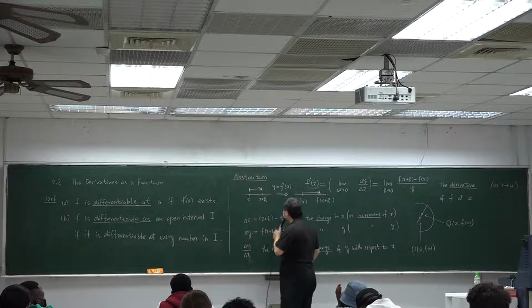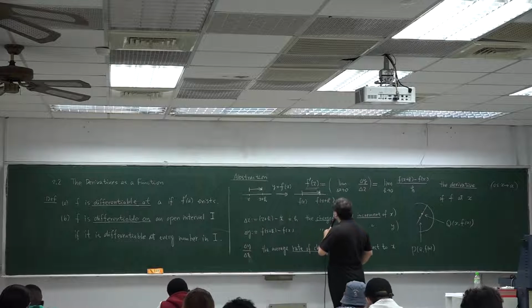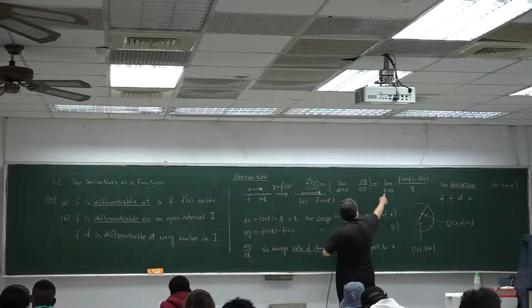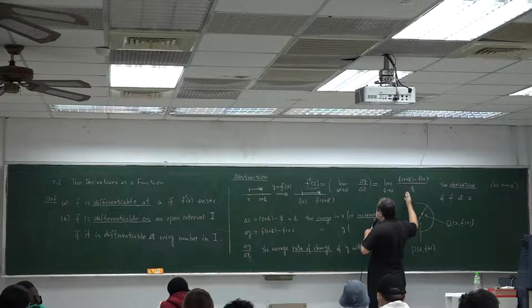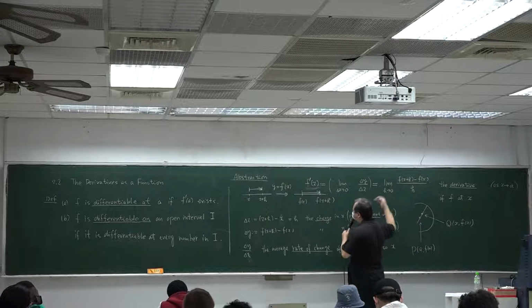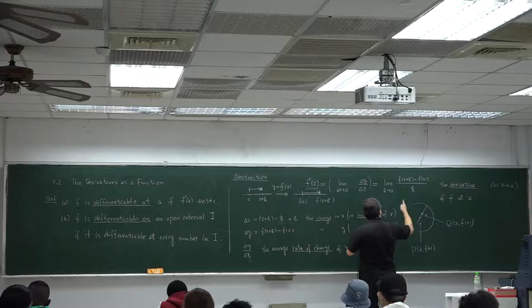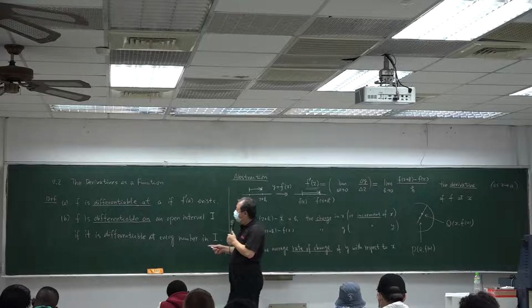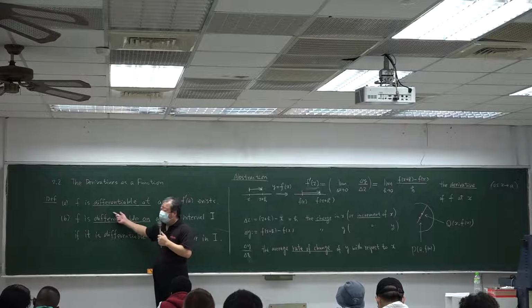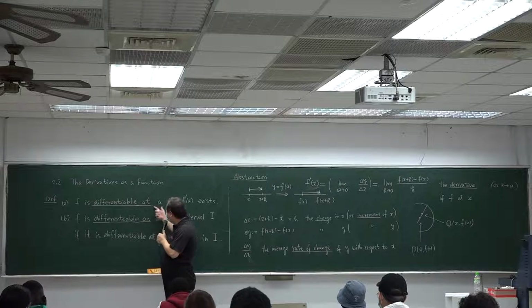In fact, for a given function, this is a limit of this difference quotient. We don't know the existence of this limit. If this limit exists at a, then we use this terminology: f is differentiable at a.